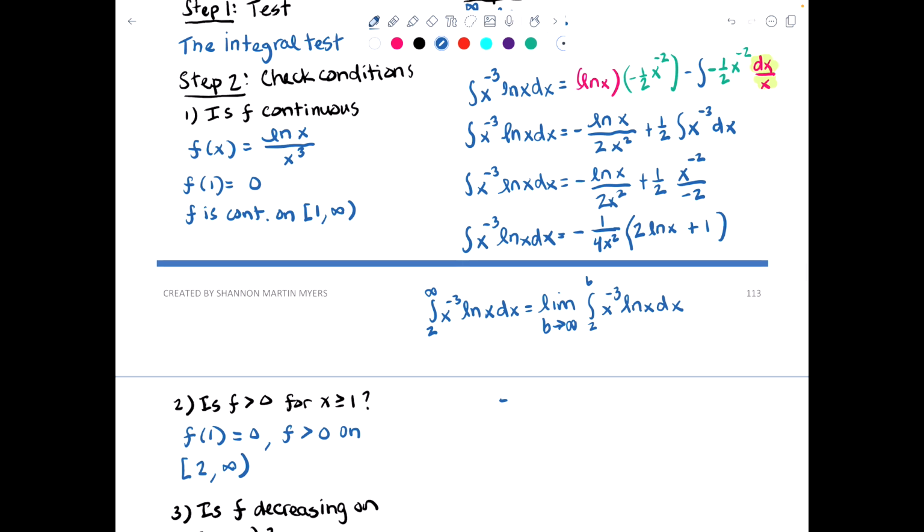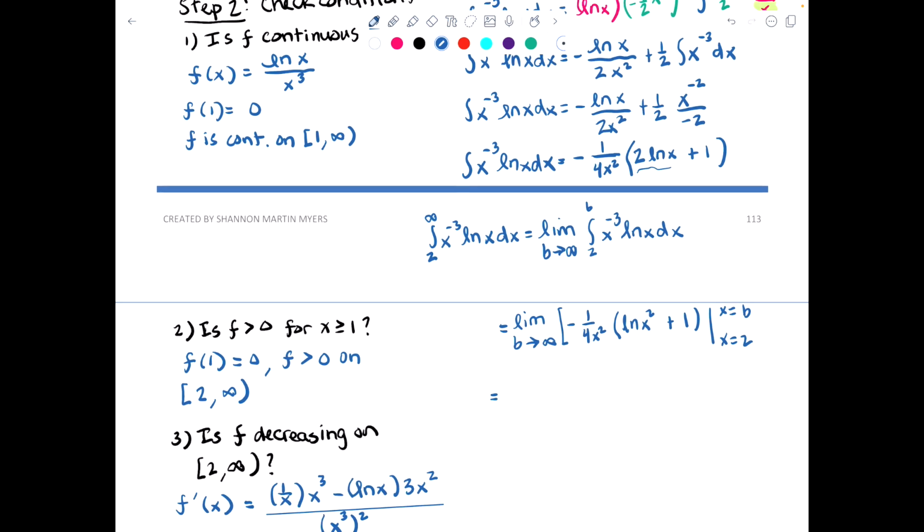Now this in turn will equal the limit as b approaches infinity of what we found, negative 1 over 4x squared times, I'm going to write 2 natural log of x as natural log of x squared, and then plus 1. And that's going from x is 2 to x is b.